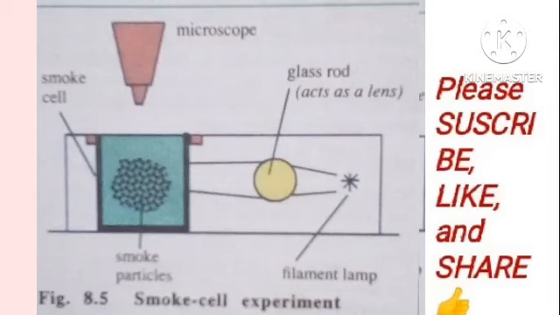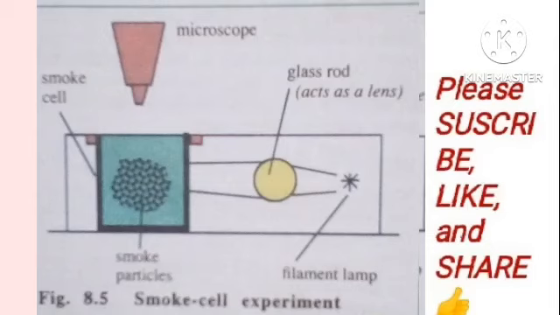The cell contains a little smoke from a smoldering piece of cord or string, and the cell is strongly illuminated from the side by light, which is focused into the interior of the smoke cell using a focusing lens. That focusing lens assists the magnification and the clear view with the microscope. Now the illuminated smoke particles are observed as bright spots of light undergoing a zigzag movement like that of a drunken man staggering about.